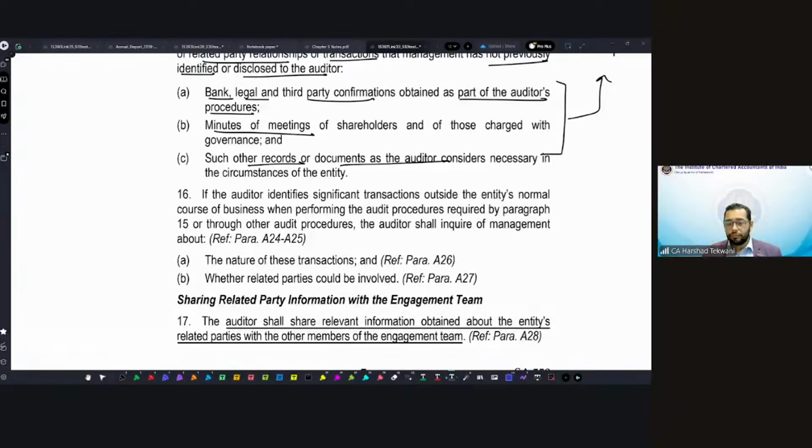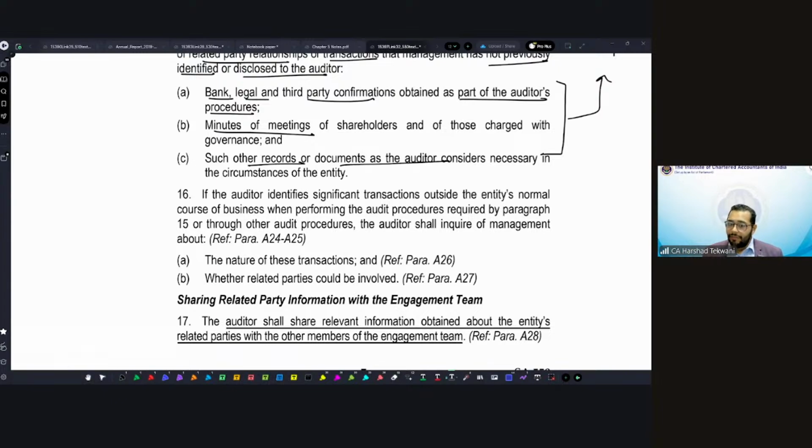And we will also assess why the control failed to disclose the related party transactions, whether it was not properly designed or not properly functioning. Then we will perform substantive procedures and additional procedures to obtain sufficient appropriate audit evidence. Yes, absolutely correct.